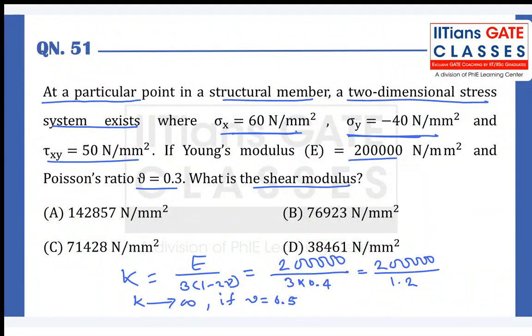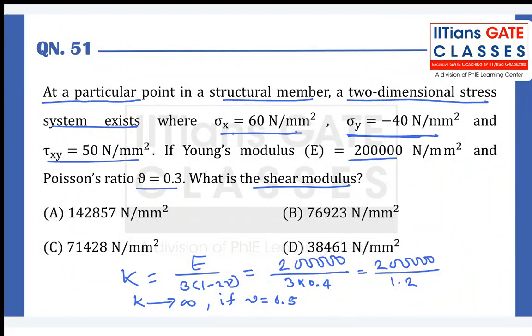This is one of the GATE questions from GATE mechanical. For a perfectly incompressible solid, what is the Poisson's ratio? It is 0.5. So many questions we can understand from a single question or concept.